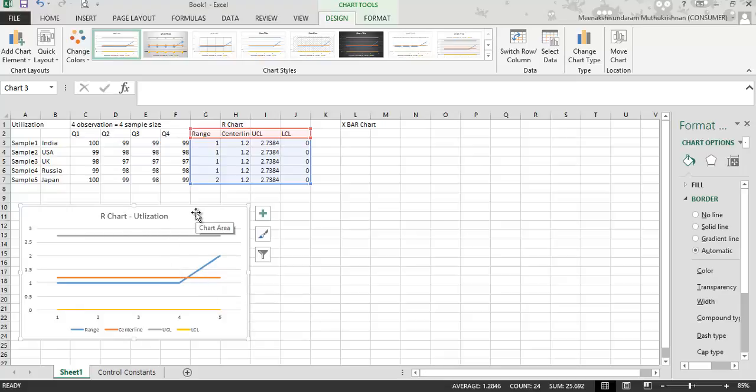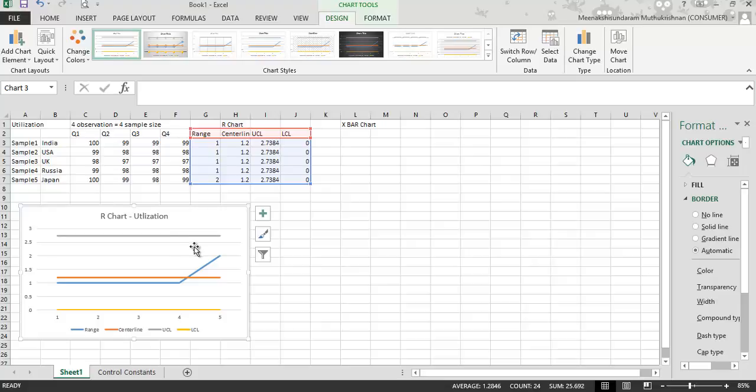So by just looking at this data, I can clearly say that each country is showing very good consistency in terms of utilization. It doesn't mean that everyone is performing so well, but I can at least say that they are consistent in their performance. And mostly I can say that the consistency of the first 4 countries looks so good, except Japan.